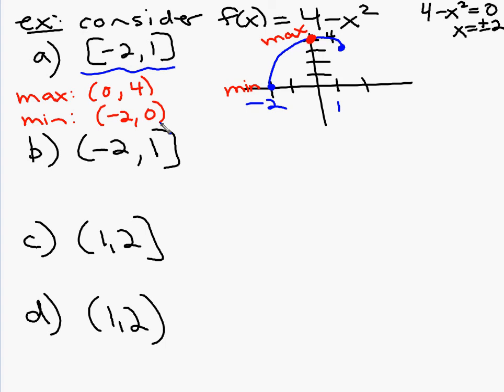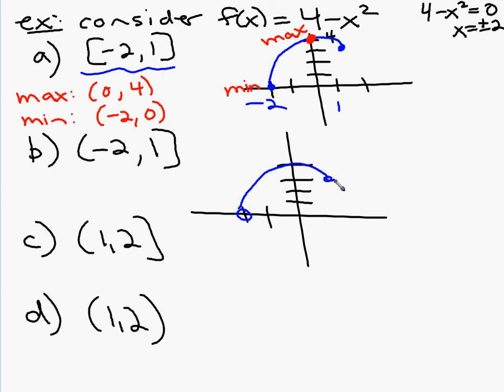The reason I know that is because it meets our required definition. There is a value that is bigger than all the rest, and there is a value that is less than all the rest. Okay? Now, look at Part B. What changes with my graph in Part B? Negative 2 is not included, so it is an open circle. Very good.